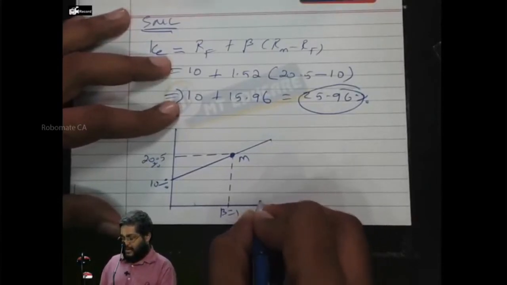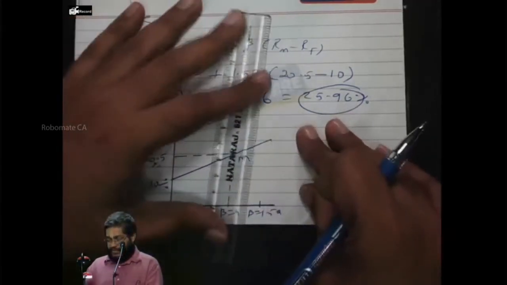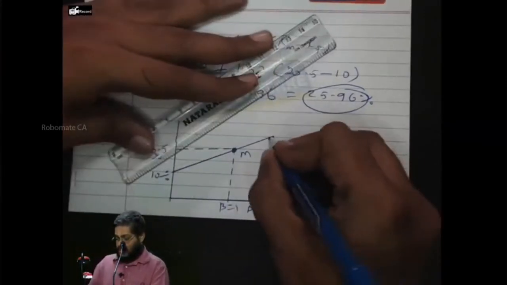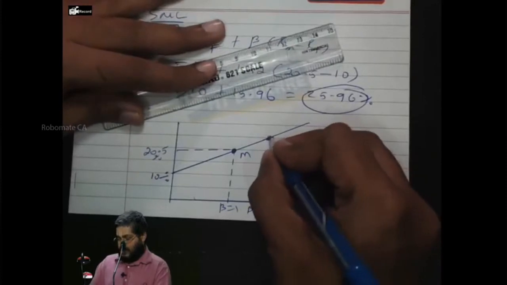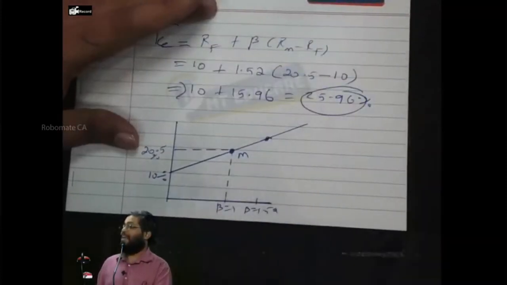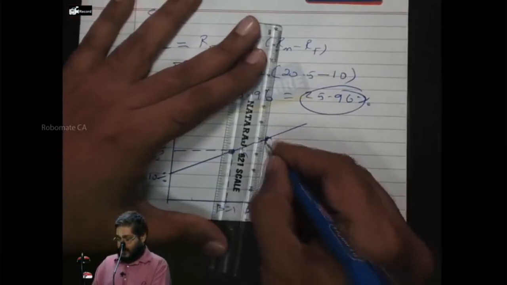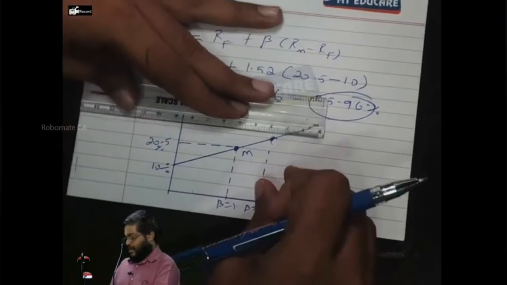For this, the return should be somewhere here. So this should be the equilibrium return for a beta of 1.52. Everybody, are you following or not?